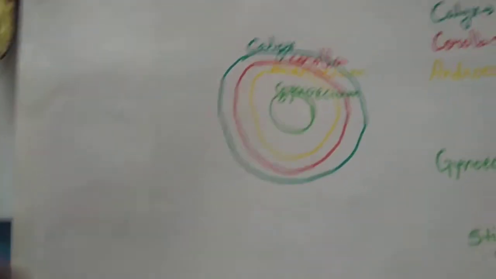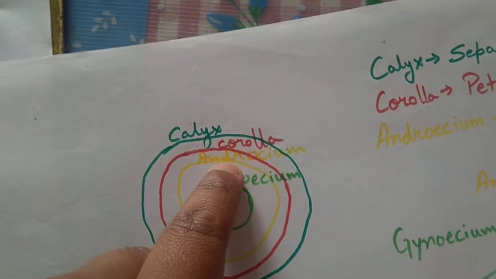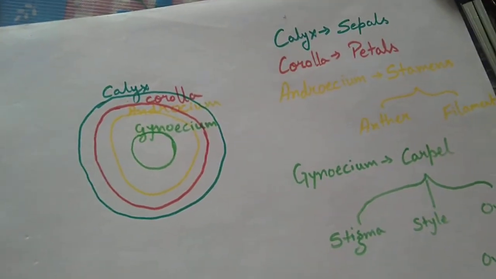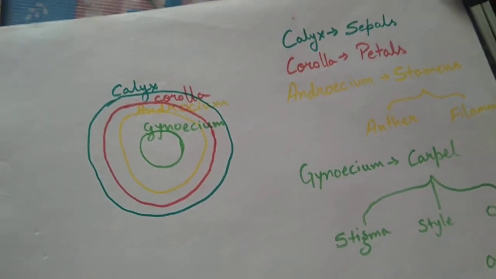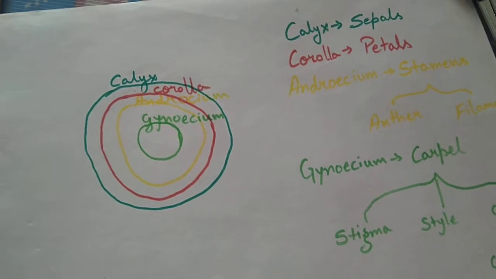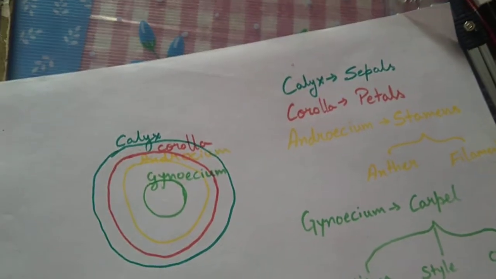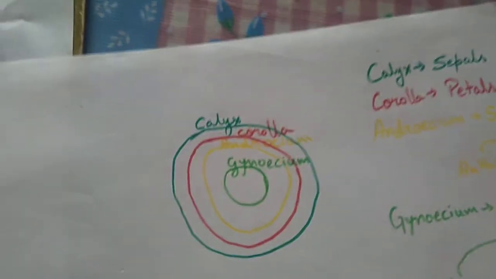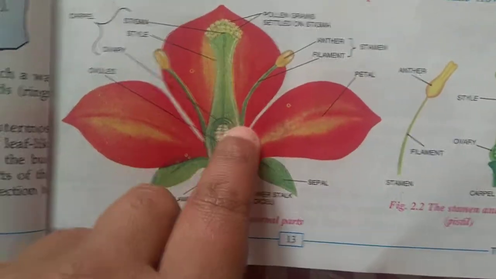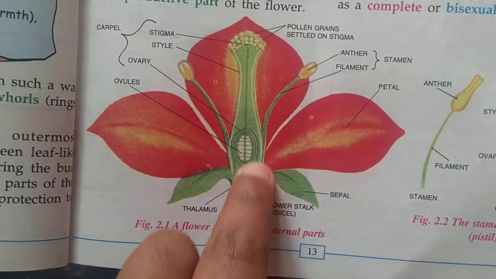I'll tell you something about this third whorl, androecium. Androecium is basically the third whorl of the flower. It is the third circle and it consists of stamens. Stamen is the male reproductive organ of the plant. It has two parts, anther and filament. Now what is anther and what is filament? Now, in your book, this full part is known as stamen.